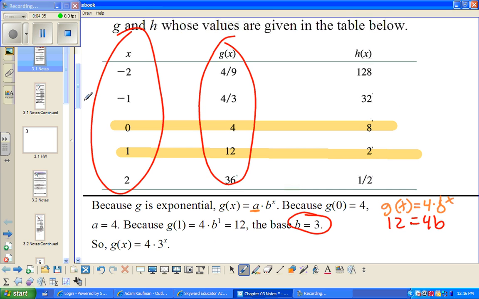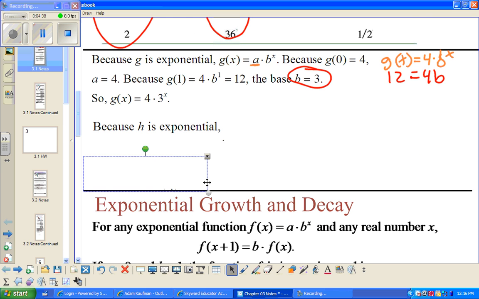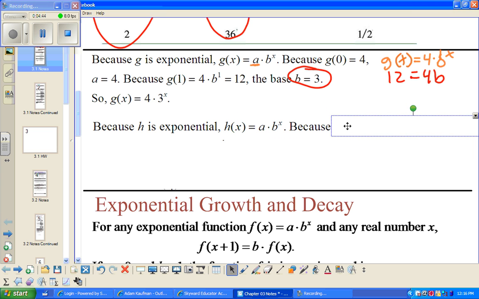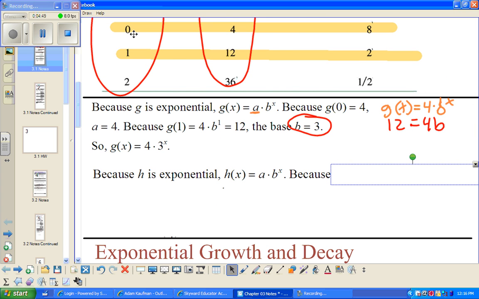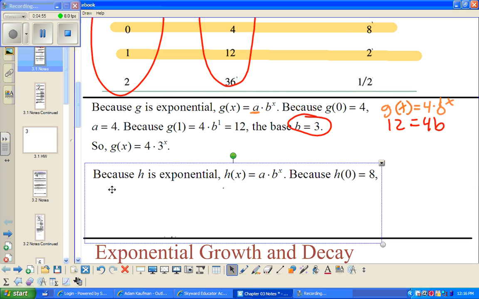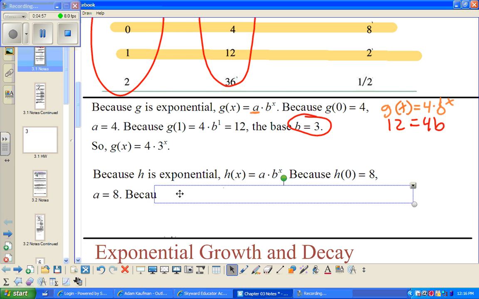You should pause right now and try that. So you know it's a power function. I'm sorry, an exponential function. So it's going to be in that form. Again, you're given the function equals 8 when you plug in 0 for x. So you know the initial value. You also know the value when x is 1.